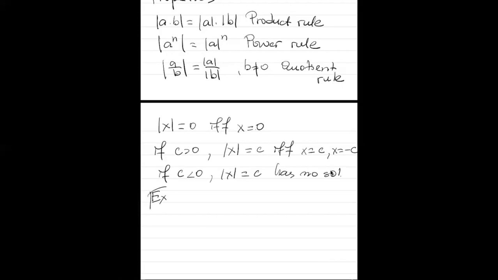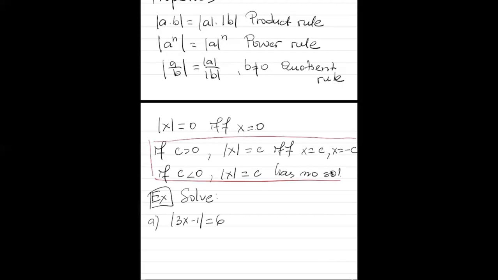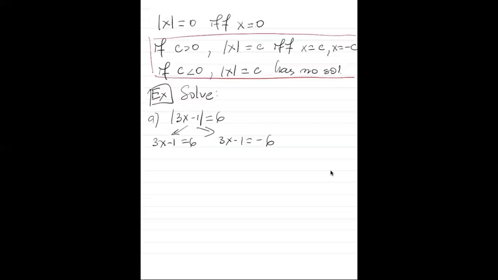We're going to solve some examples of absolute value equations. A, absolute value of 3x minus 1 equals 6. So we're going to follow the rule outlined here. Based on this rule, c is 6, which is positive. So we can break down this equation into two equations, 3x minus 1 equals 6, and 3x minus 1 equals negative 6, and solve each one.